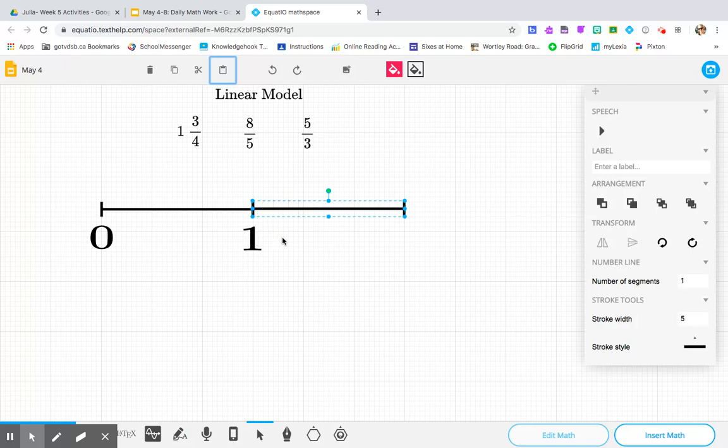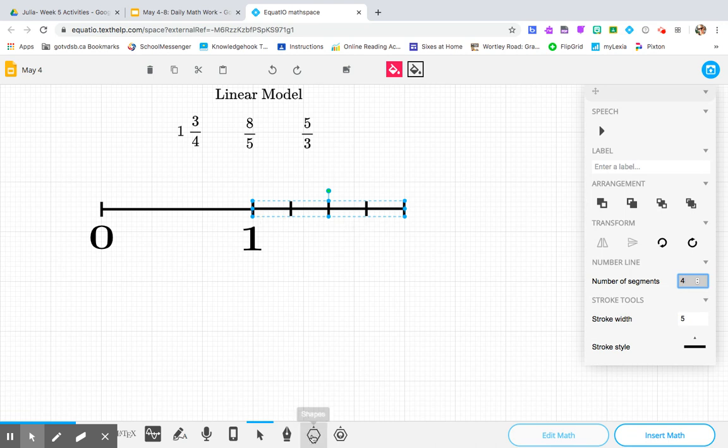So let's start with 1 3/4 and mark that on our number line. So our number line needs to be broken up into fourths. Our denominator always tells us that. So let's break it up into quarters, and 1 would take us here and 3 more quarters, 1, 2, 3.